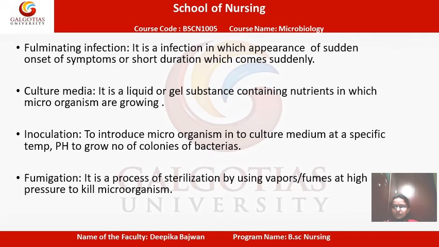Next we come to inoculation. Inoculation means to introduce the microorganism into a culture media at a specific temperature and pH to grow a number of colonies of the bacteria. It means from the person's specimen we isolate the bacteria, and after isolation we introduce the bacteria into that artificial medium.